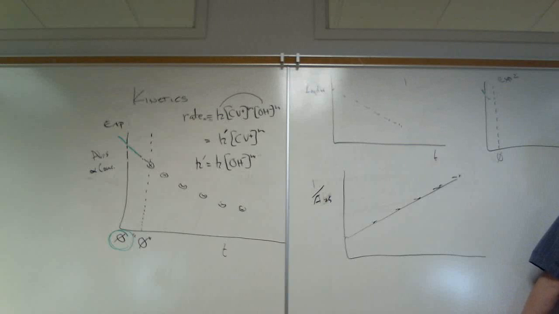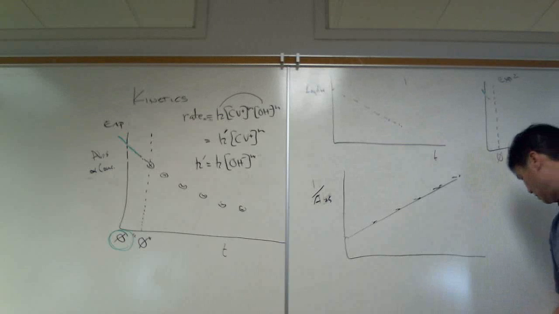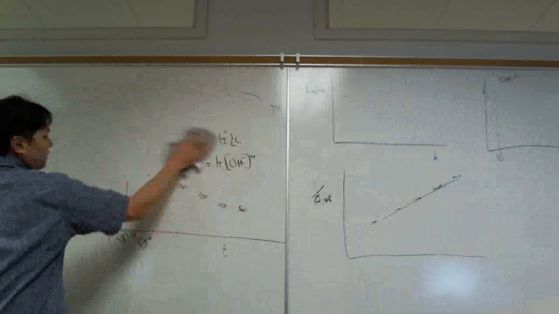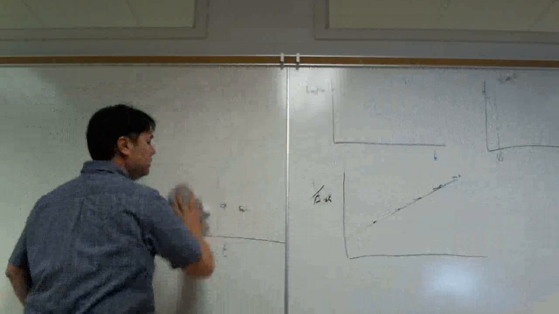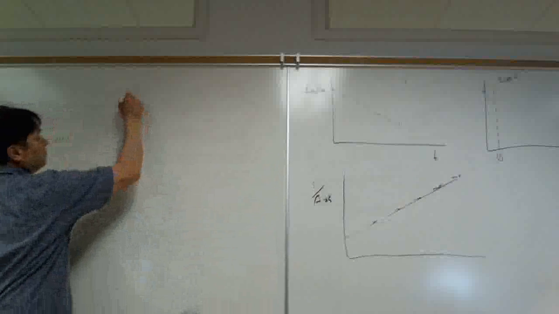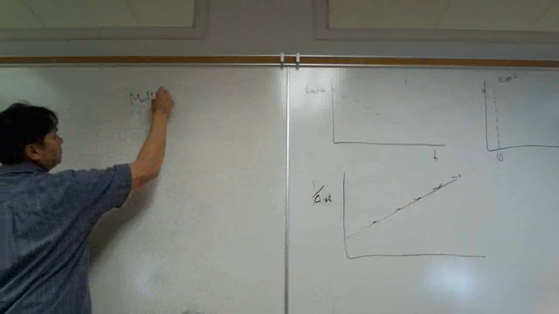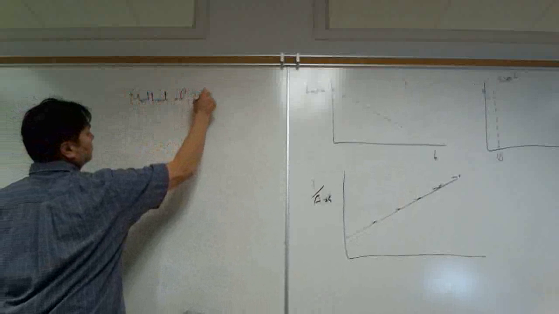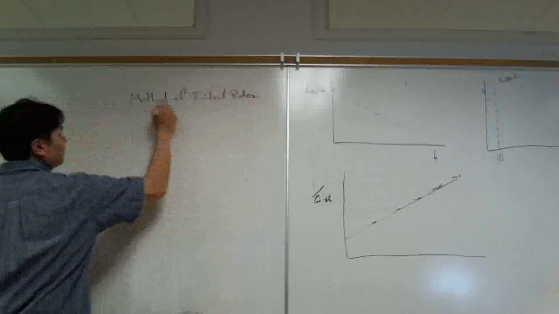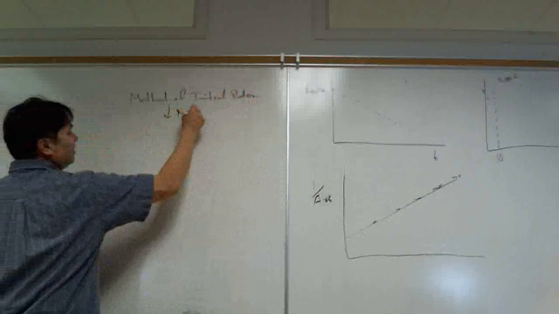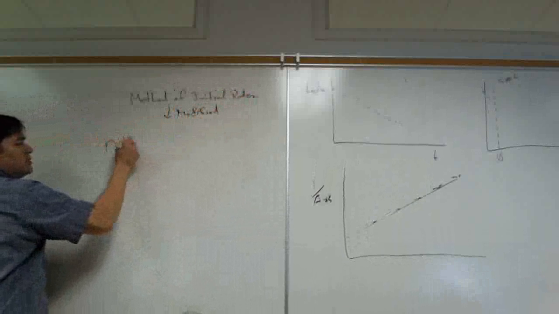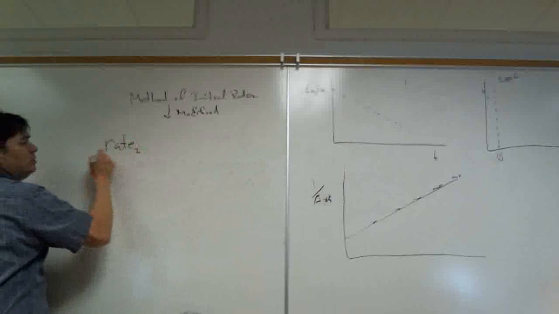Well, the way we're going to figure this out is this way. We're going to use a modified version of the method of initial rates. The method of initial rates is we just take the rate 2 over rate 1.